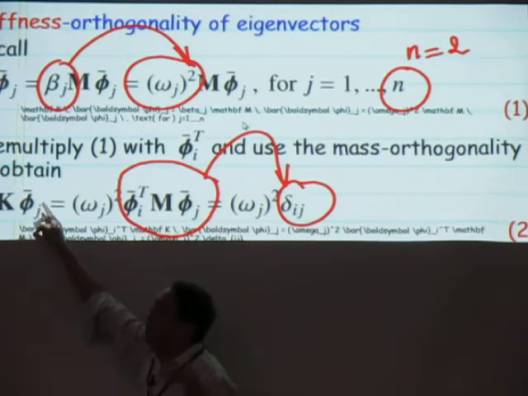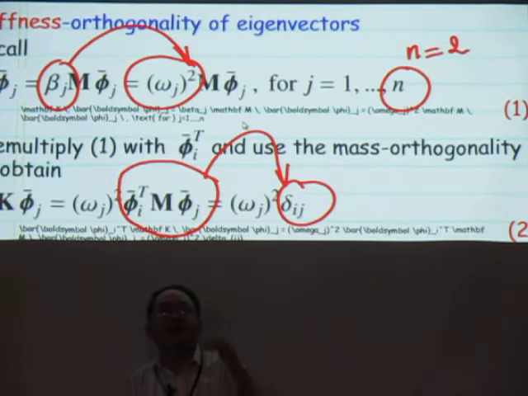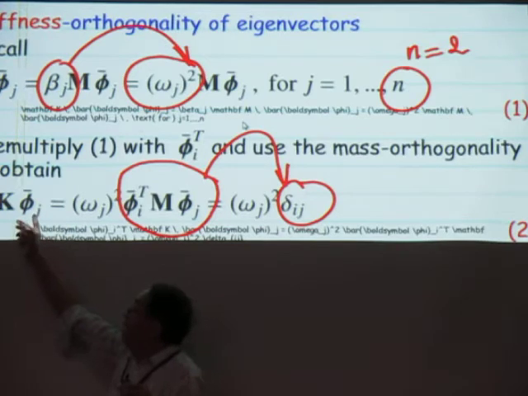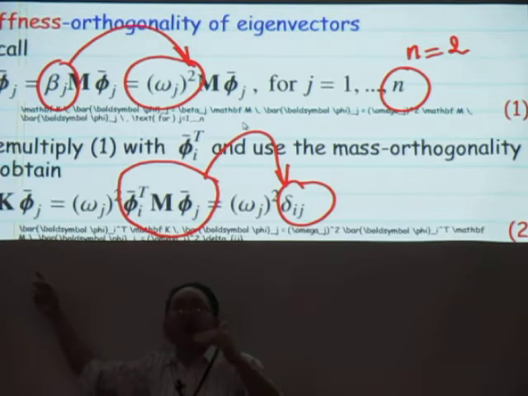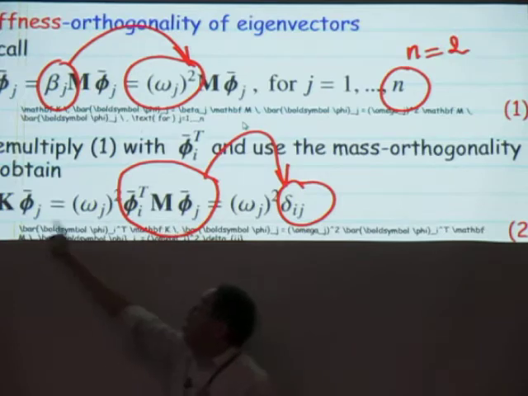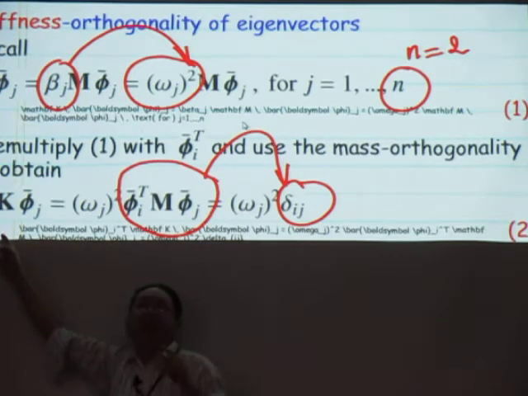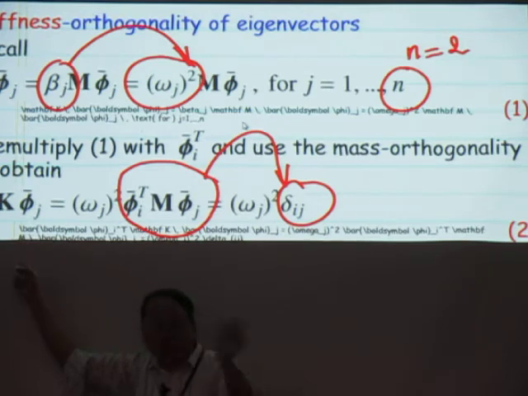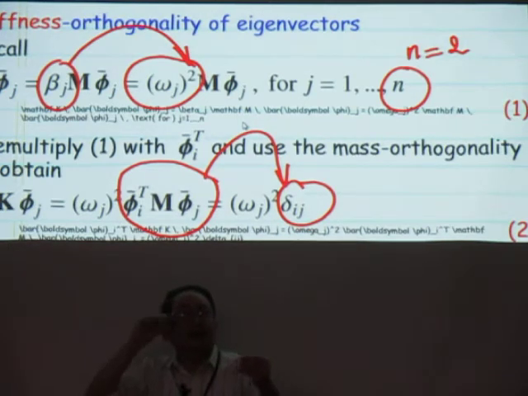The eigenvectors are orthogonal to both the mass matrix as well as the stiffness matrix, but the normalized eigenvectors are not normalized with respect to the stiffness matrix. They are only normalized with respect to the mass matrix. Clear to everyone? Normalization is only done with respect to the mass matrix, but orthogonality is with respect to both the mass and stiffness matrices.